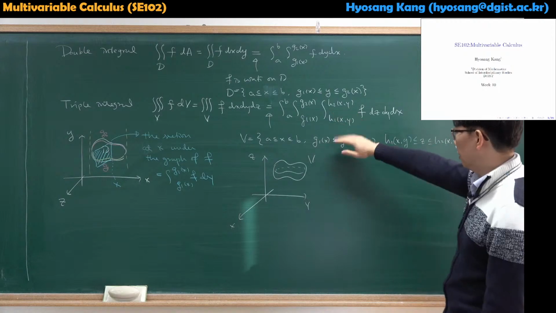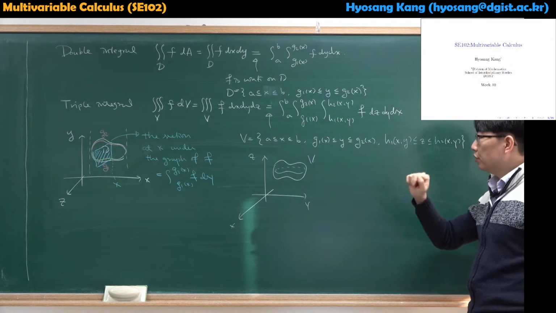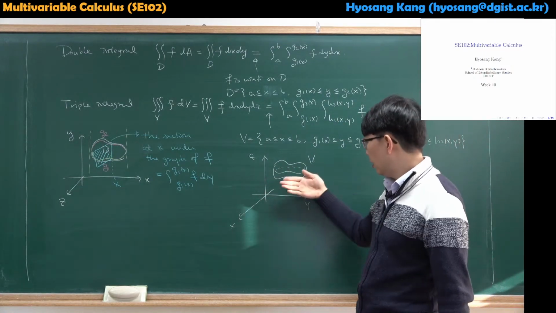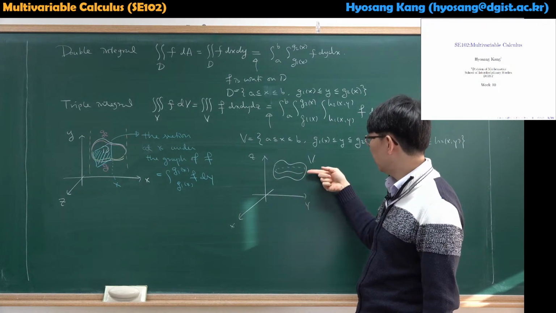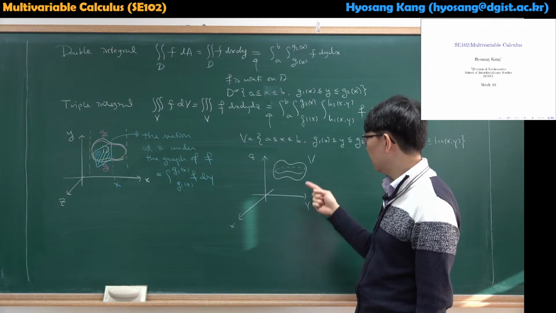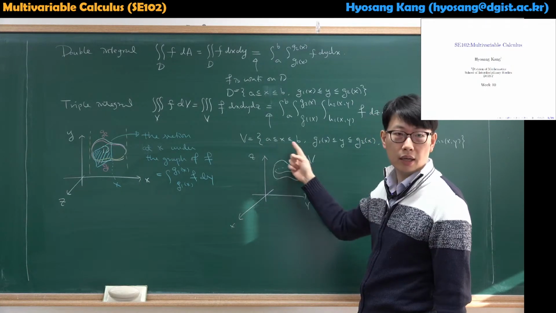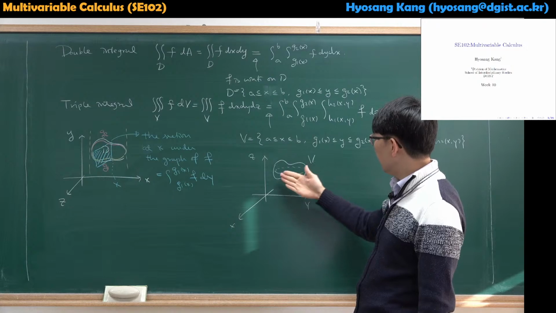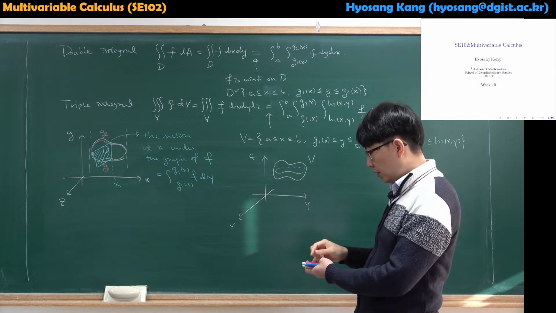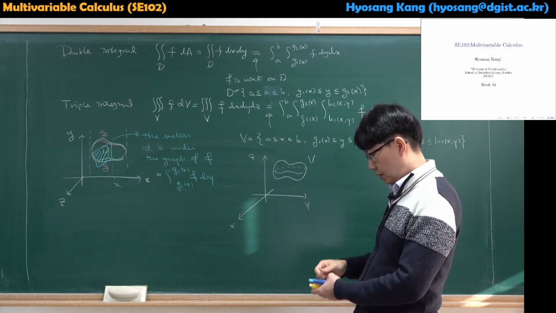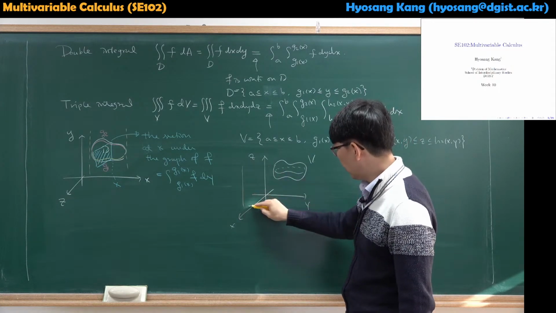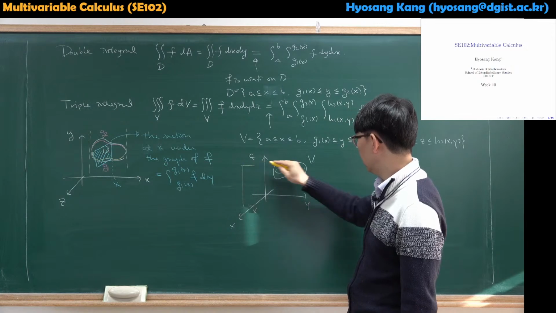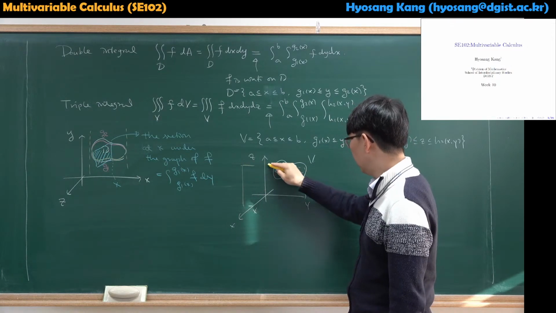By separating these expressions, first I take the minimum value of x inside of this region and the maximum value of x inside of the region. So that's a and b. And then for each x, I'm taking a section perpendicular to x.